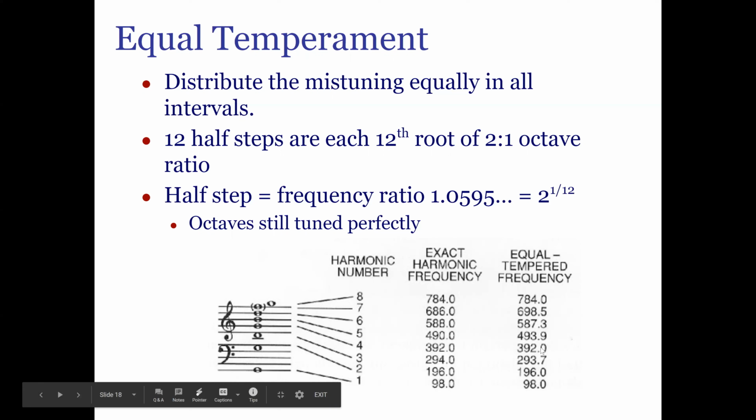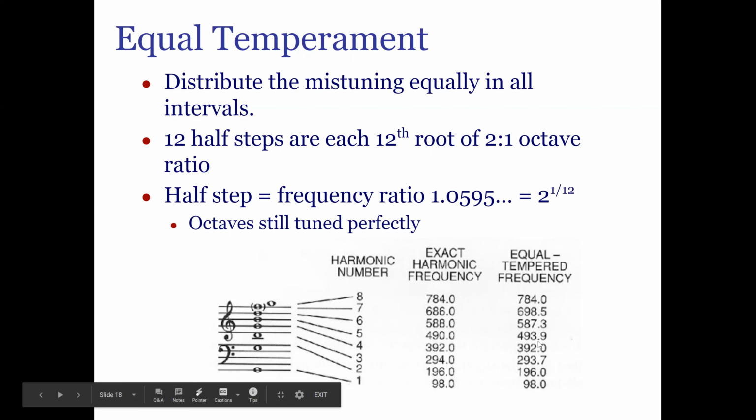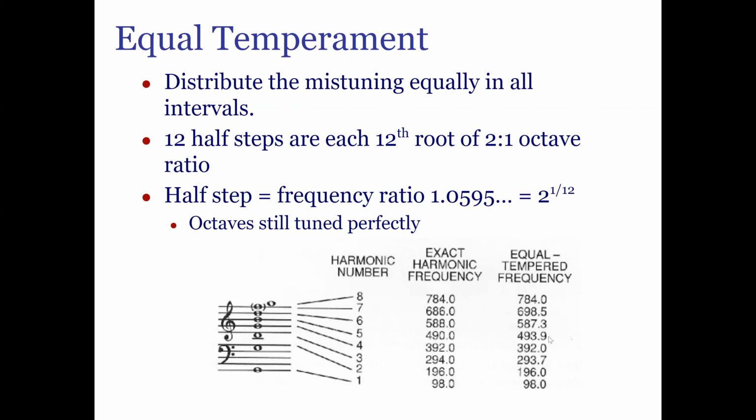That interval's a little bit big there. 4 to 5, that's our major third. Here you can see this is very sharp. We're almost 4 hertz up on the major third there. And it's not as sharp as it would be if we were talking about Pythagorean temperament, but it's still pretty noticeable.